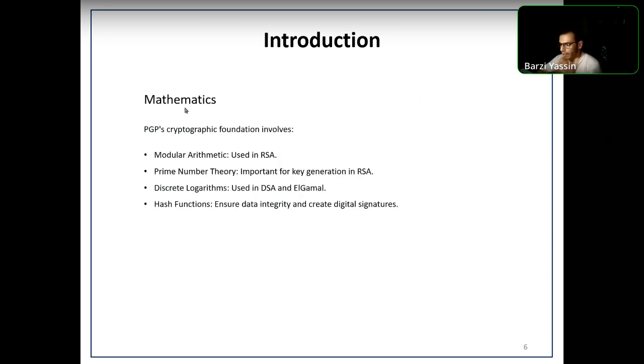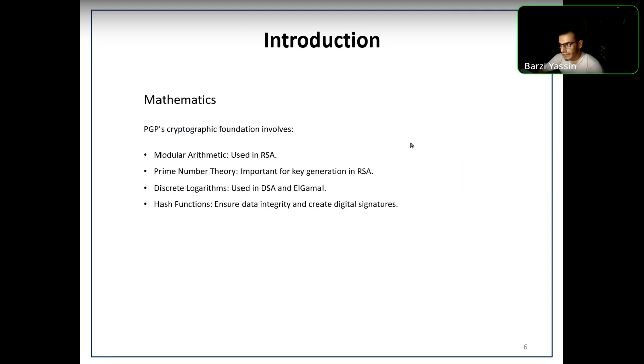Let's go to the next slide. Mathematics: the mathematical background, or the concepts used in PGP's cryptographic foundation. The mathematical underpinnings of PGP rely on key cryptographic principles, including modular arithmetic employed in public key algorithms like RSA.